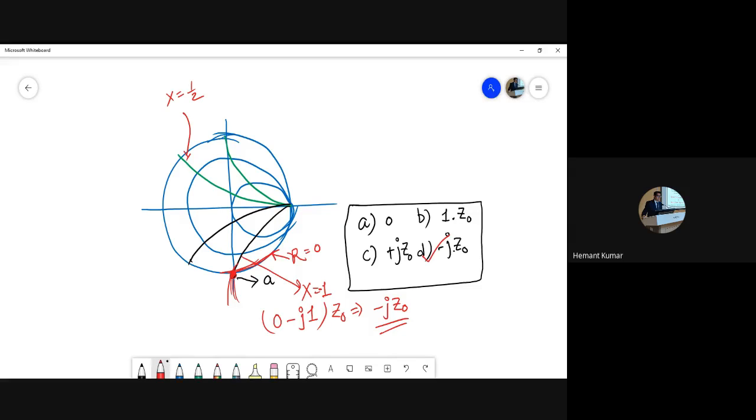Then calculate the impedance at point number B. Options are: option A, Z naught; option B, J Z naught; option C, Z naught plus J Z naught; option D, Z naught plus J Z naught by 2. Okay, so which answer is correct?